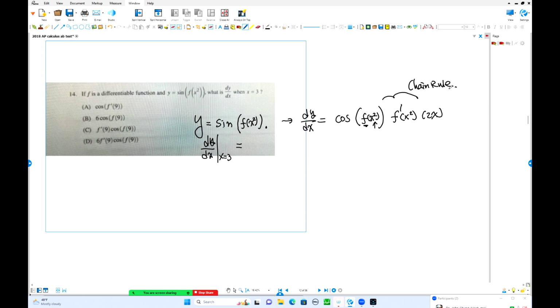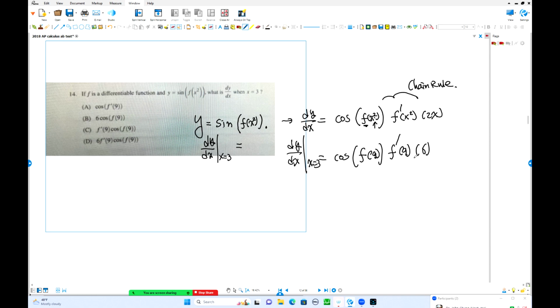Now put x equals 3 in. So that is actually how much? When x equals 3, cosine of f of 3 squared, which is 9, and f prime of 3 squared, which is 9, times 2 times 3, which is 6.